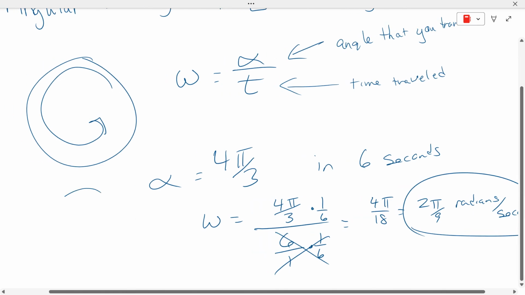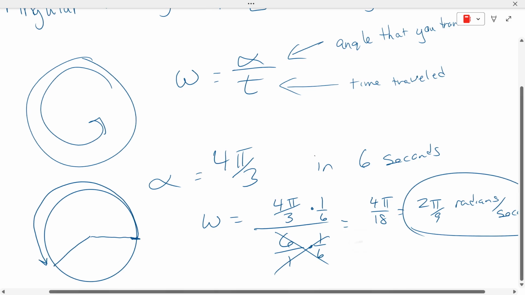So, if 2/3 of the way around the circle, you start right here. 2/3 of the way around is about that far. Okay? So, if we're talking in radians per second, we went this far in 1 second, this far in 2 seconds, this far in 3 seconds, this far in 4 seconds, this far in 5 seconds, and then we got to here in 6 seconds.